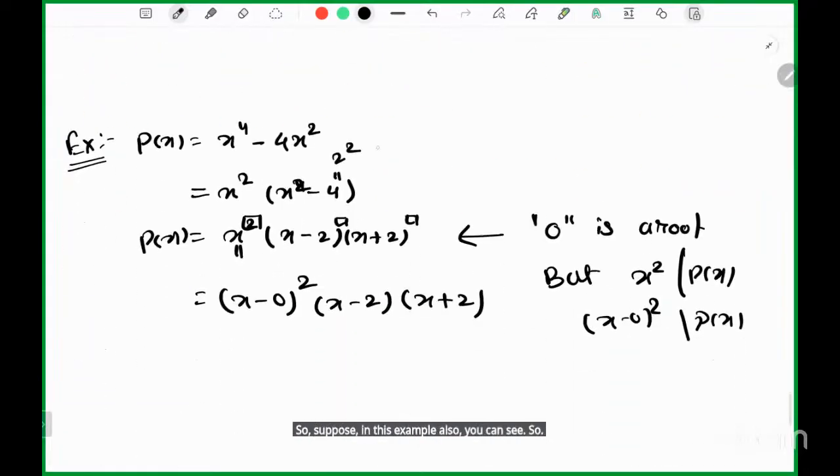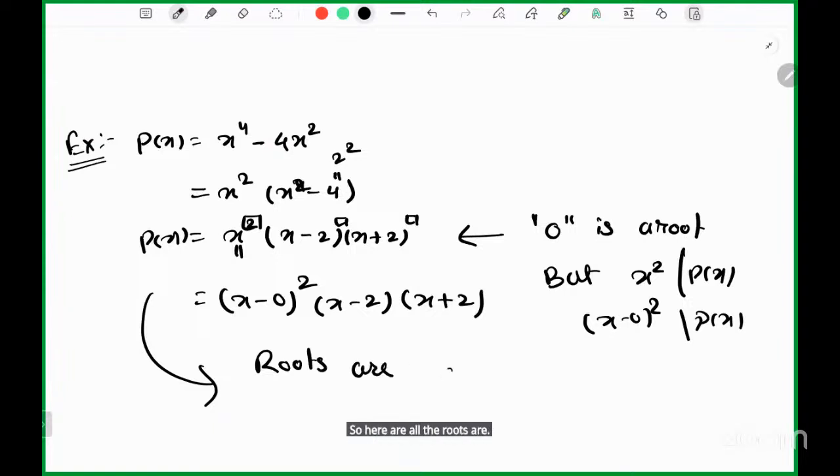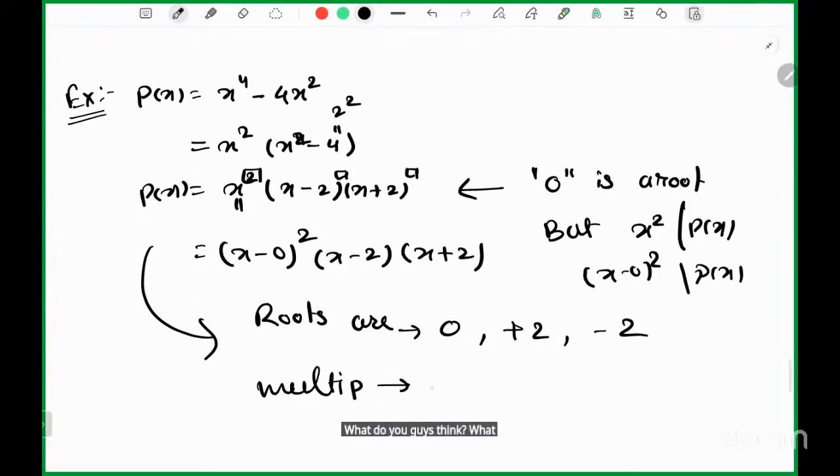What will be the multiplicity of each root? Here we know that there are three roots: 0, +2, -2. So what are the multiplicities? The multiplicity of 0 is, what do you guys think? What will be the multiplicity of root 0?